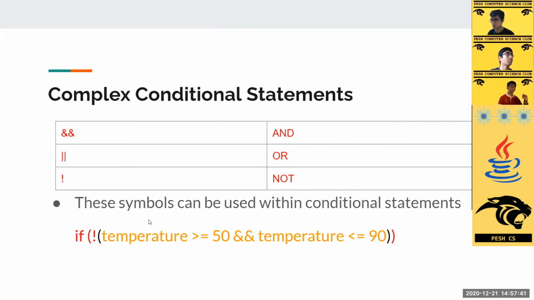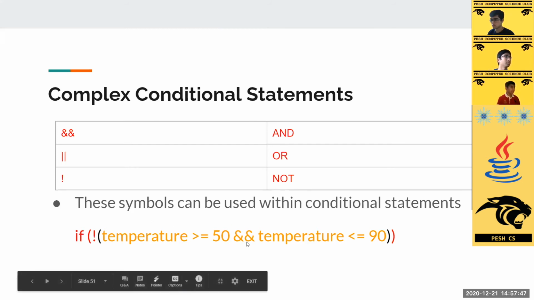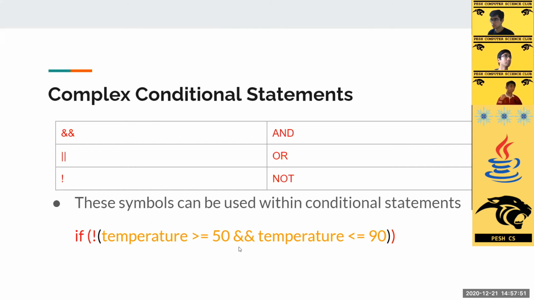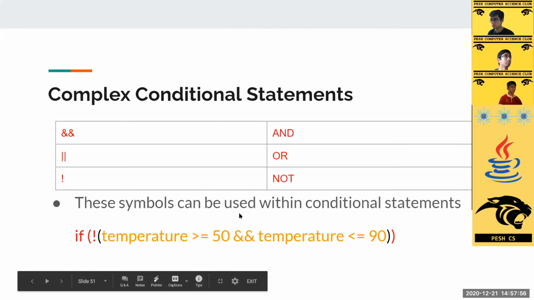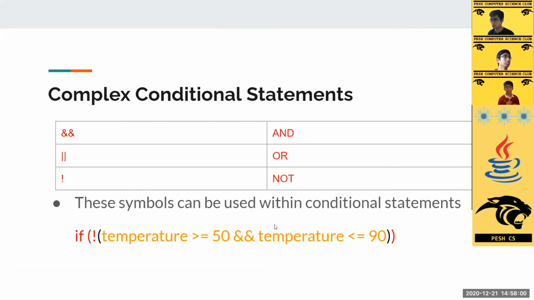And what we can do with these true or falses is compare them. With this and sign, I'm checking if both of them are true. Let's say in this case that both of them are actually true, then Java will run your code based on whether it's true or not.